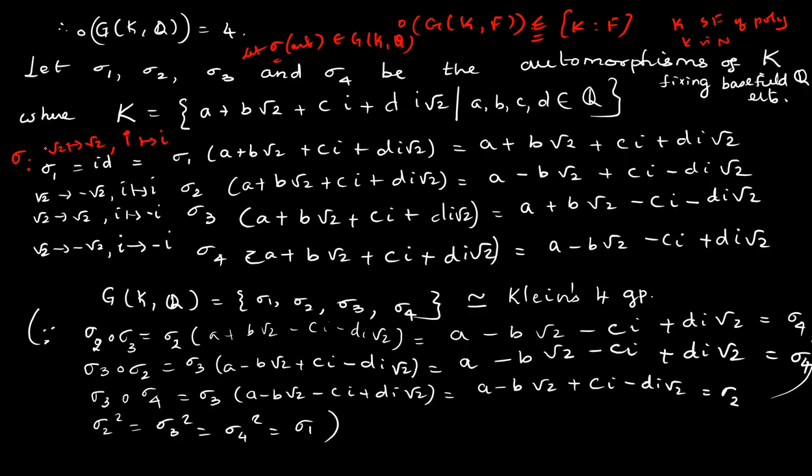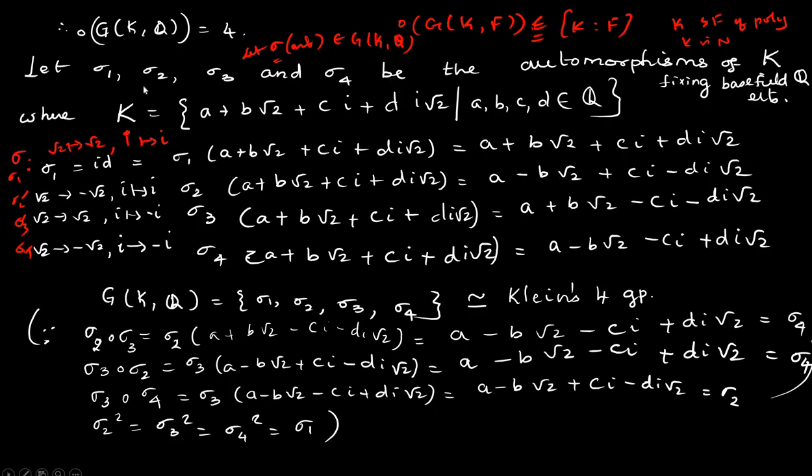This is one possibility. Second possibility, third, fourth. Only then do you name them as sigma 1, sigma 2, sigma 3, sigma 4. Any general element in K should be of this form: for root 2 you have this step, for i you have this one, and i root 2 will also be there.